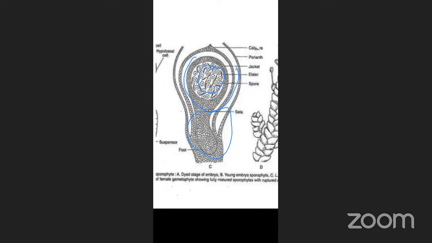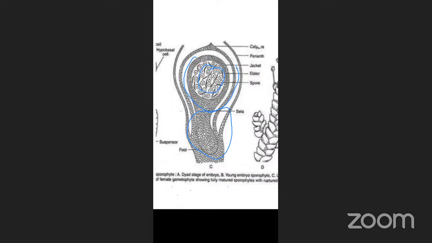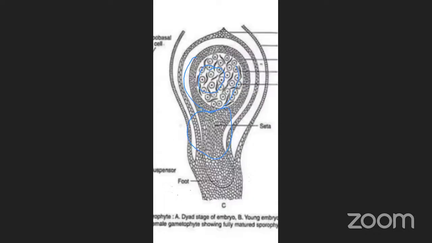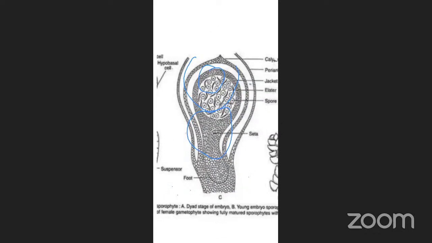Okay, clear. Gradually decreasing means the capsule wall also has around 4 to 5 layers, compared to Riccia, where there is only a single layer of capsule wall. Here, around 3 to 4 layers of capsule wall are present. Yes or no? And a long seta is there, and the foot is also there.